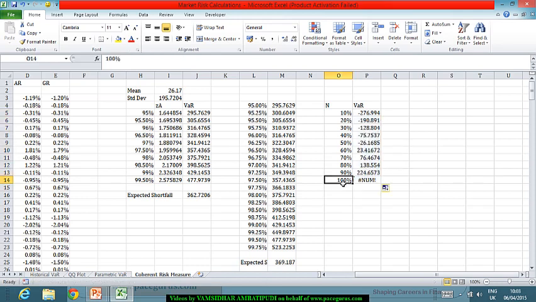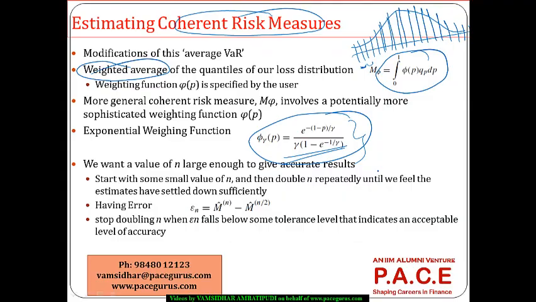Let me not consider the 100% part. Probably I can do the same for 0%. Even for 0 it does not work. So probably from 10 to 90, I'll do the slicing for each one of them, and these are the slices, and corresponding to each slice, these are the value at risk.